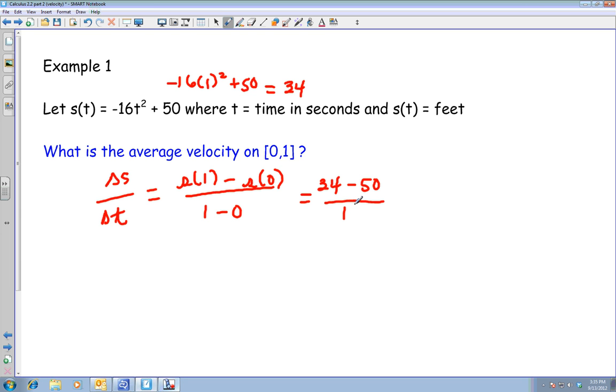So 34 minus 50 is negative 16 over 1. So my answer is negative 16. Now we always want to put units on this. I'm finding average velocity, and I'm in feet and seconds, so it's going to be negative 16 feet per second.